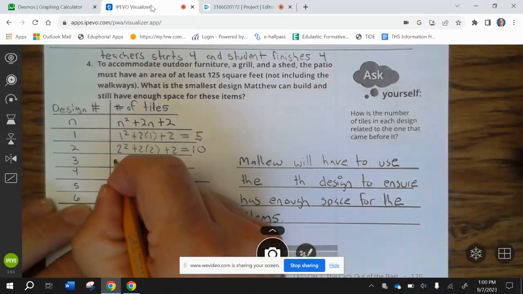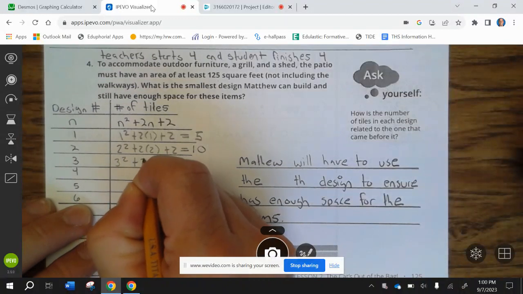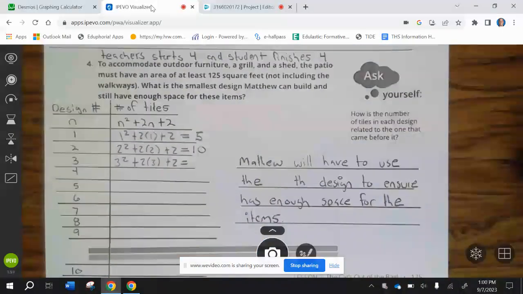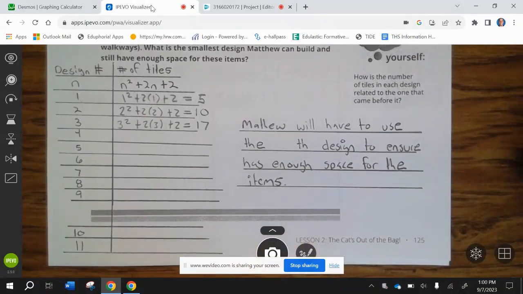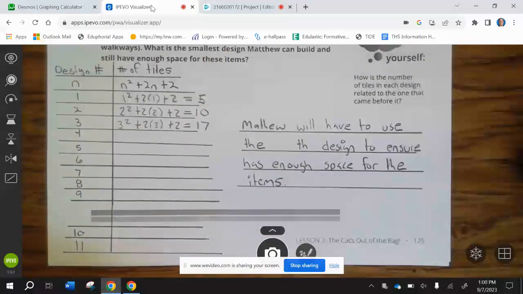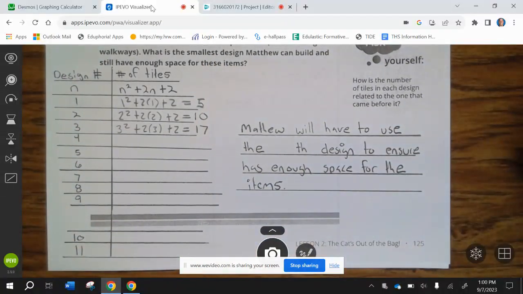And then that's 3 squared plus 2 times 3 plus 2 equals 17. Okay, and you're going to keep going with the table until you can get to 125, and then you should be able to answer this question. All right, so go ahead and finish up number 4.